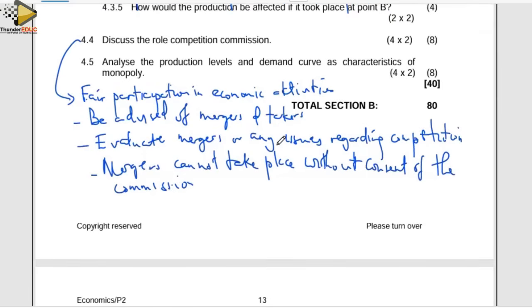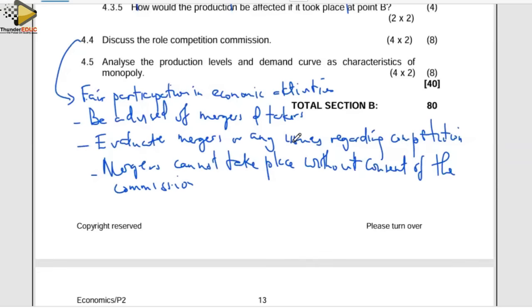Right, the last question says, analyze the production levels and the demand curve as characteristics of a monopoly.